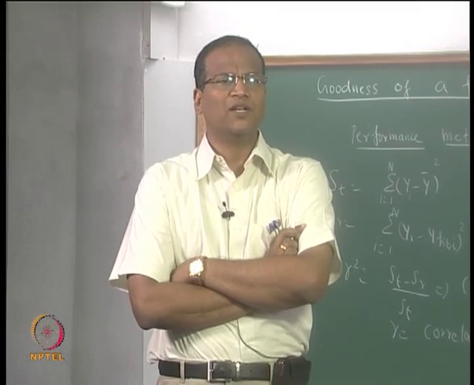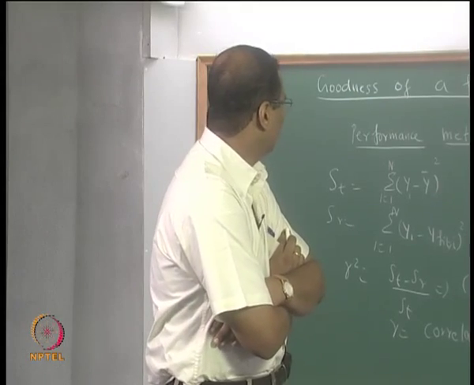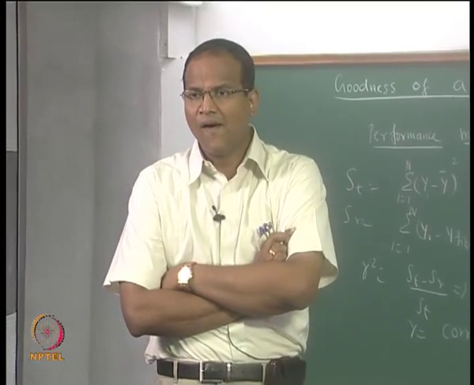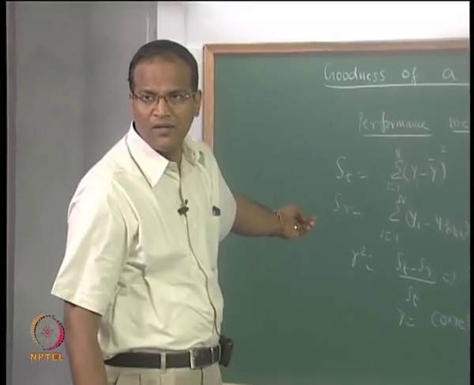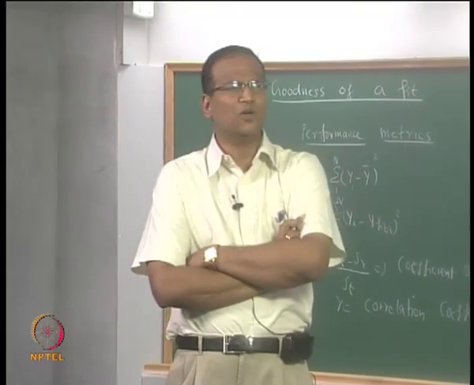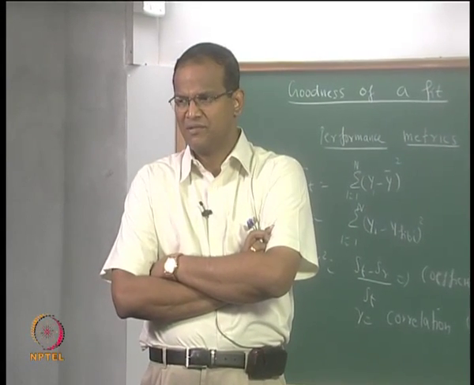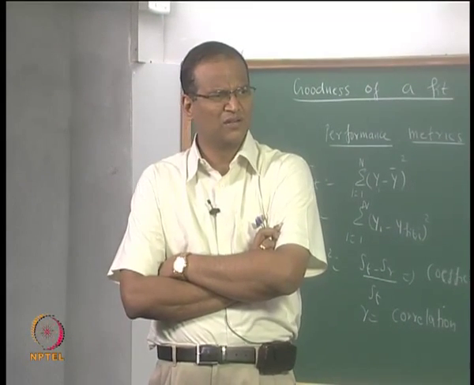If there are n data points, the numerator is actually SR, but why are we dividing by n minus 2 and not n? What is this n minus 2 doing?